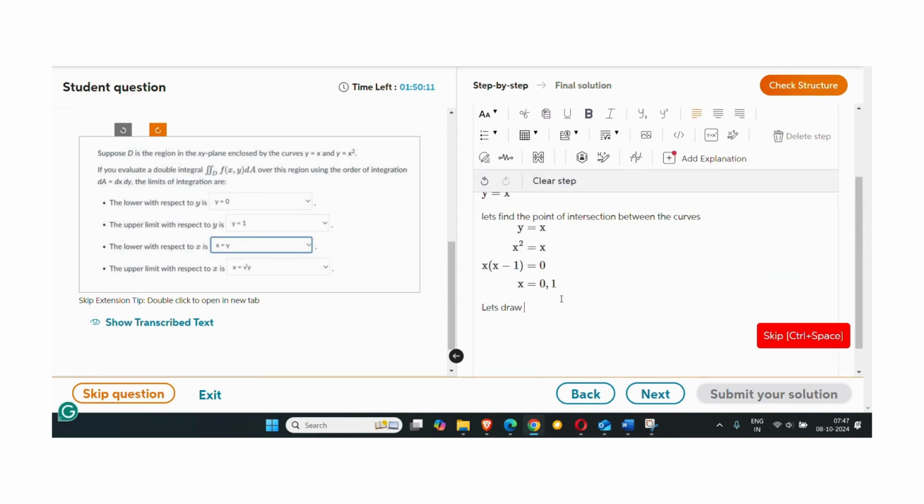Let's draw the region between the curves to find the limits of integration.